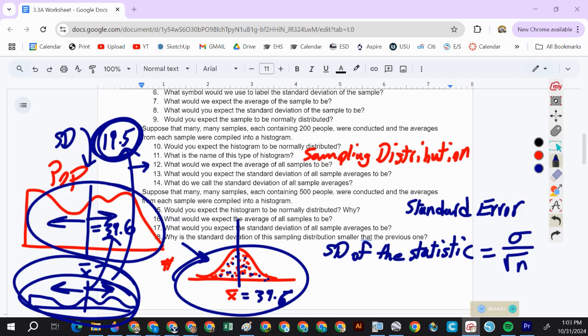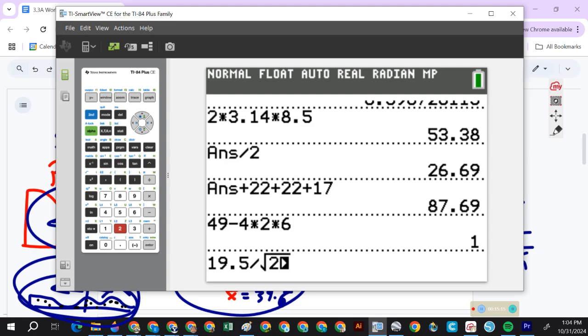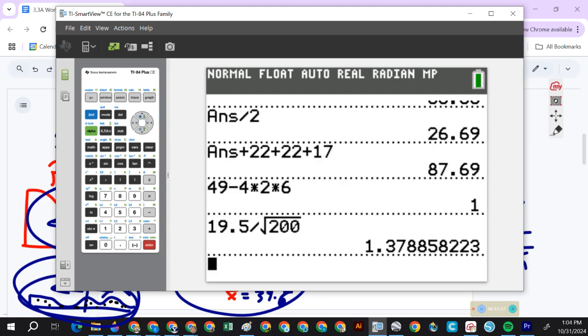It's the number of dots in this, right? N is the number of people you talked to. So we take 19.5 and we divide it by the square root of 200, and I get 1.37.